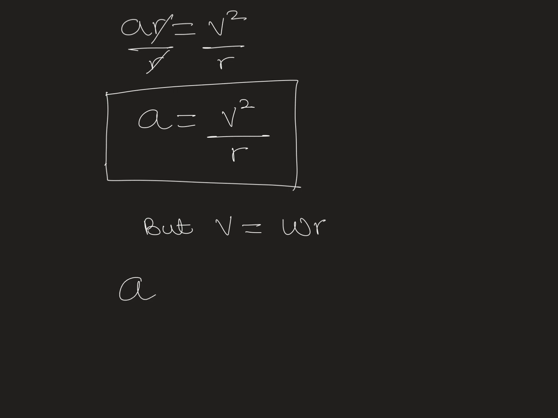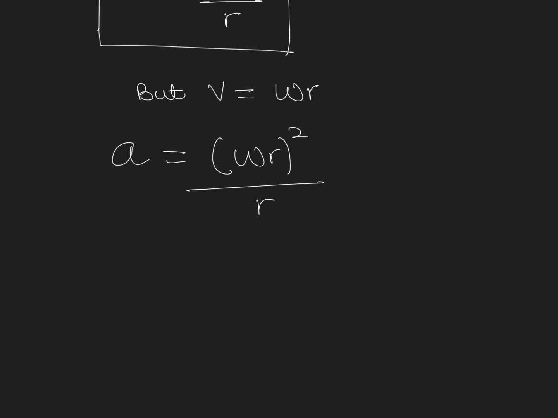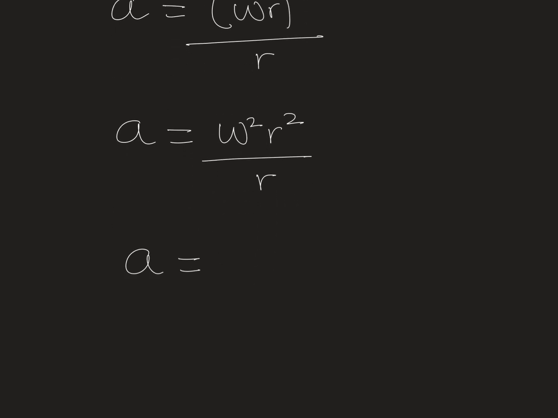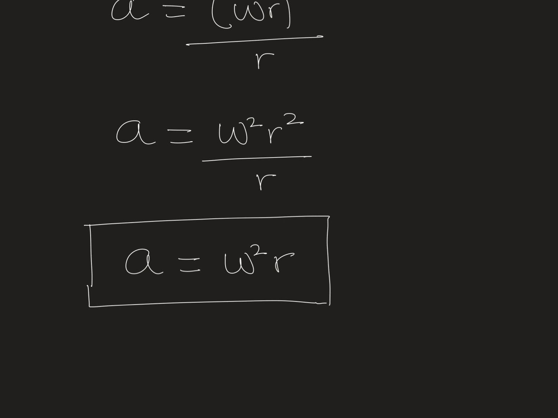That is, acceleration is equal to omega R all squared divided by R. So acceleration is omega squared R squared divided by R. One of the R's will be cancelled. So that is how we have acceleration as omega squared R.